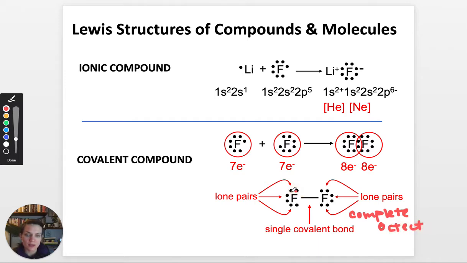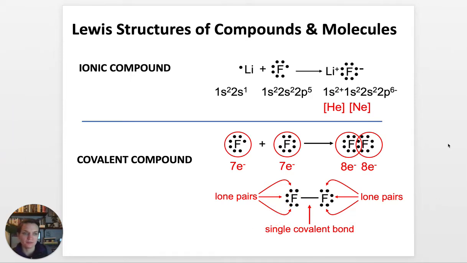This fluorine has 1, 2, 3, 4, 5, 6, 7, 8. It also has a complete octet. So if all of the atoms in the molecule have a complete octet, or we'll see a couple exceptions to that rule, then it's going to be at a lower potential energy, and we know that it is a viable structure.